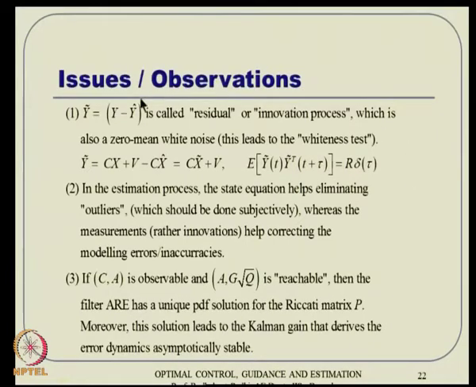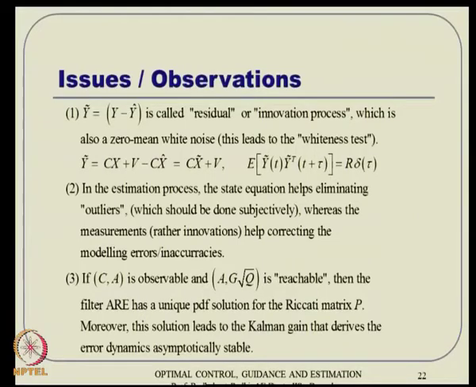If you take the actual output minus this predicted output, this is called the residual or innovation, which is also a zero mean white noise, and that leads to the whiteness test.